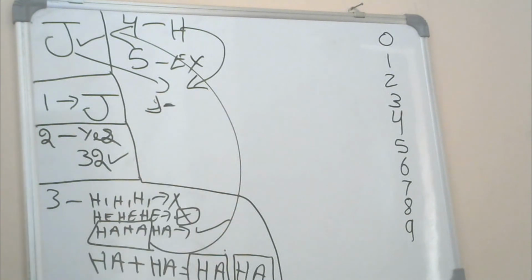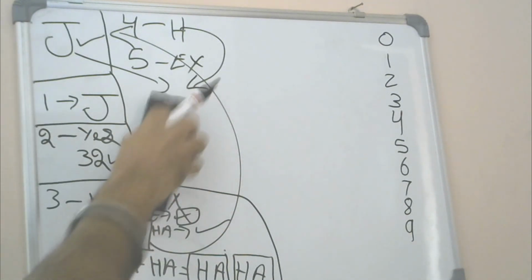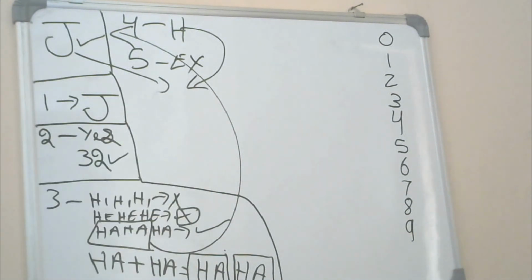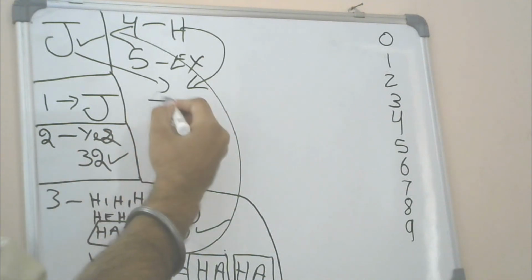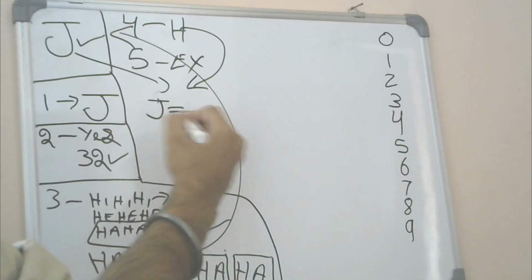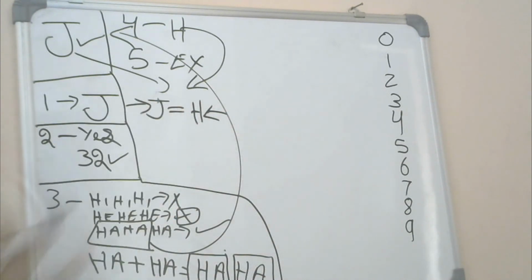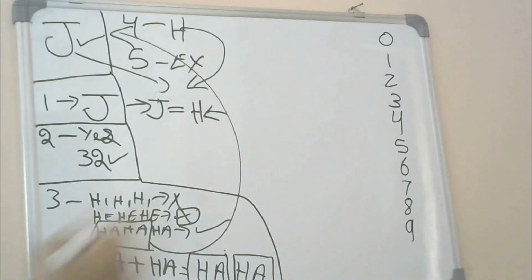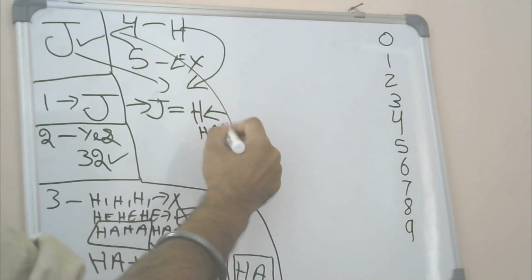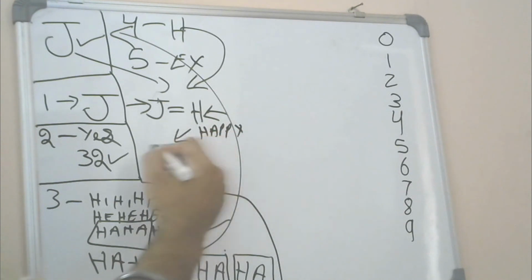Haha is equal to H. H for Hong Kong. The other example can be hungry. And then we can have a simple word, happy, and it will be starting from Haha.